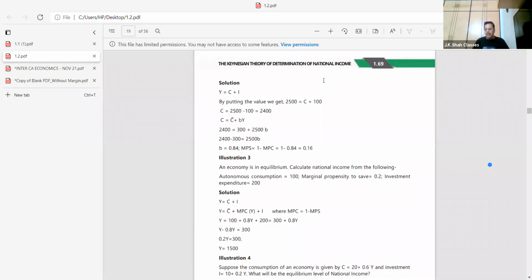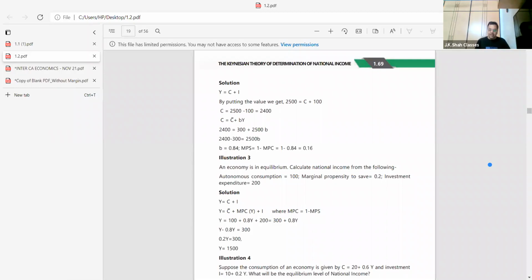Now, I've written like this. Y is equal to C plus I. Simple. Y is equal to autonomous consumption 100, I've written 100. MPS is 0.2, so MPC will be 0.8, so 0.8Y.